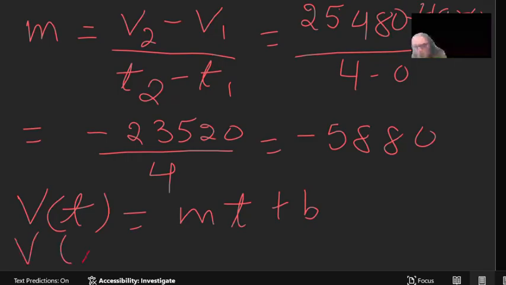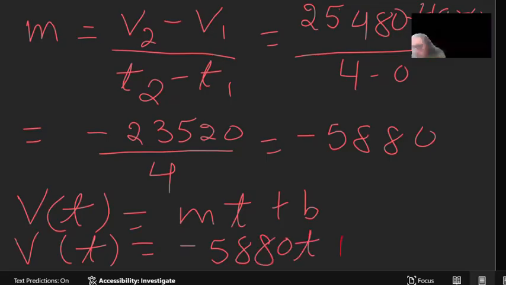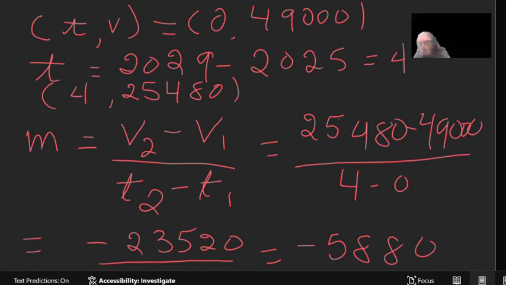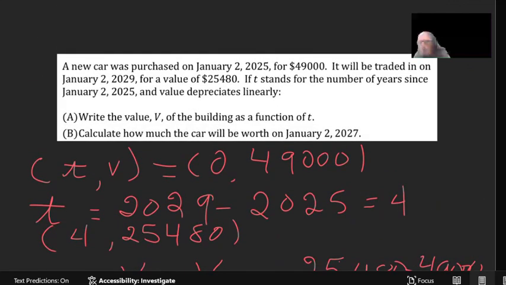So v of t, since it asks for us to write a function instead of just an equation, we have this. And note that the slope is representing that each year is going down by $5,880. I'm just double checking my values here.